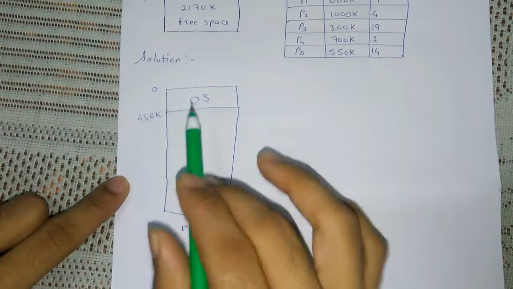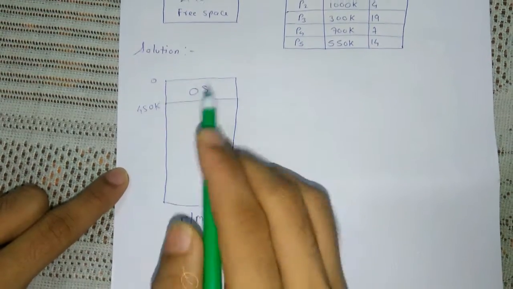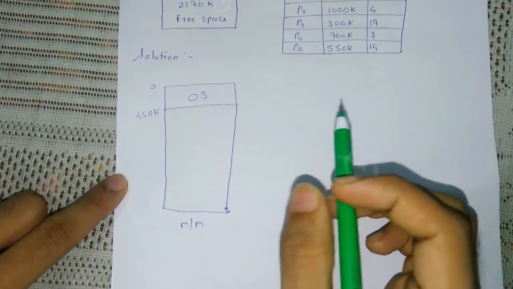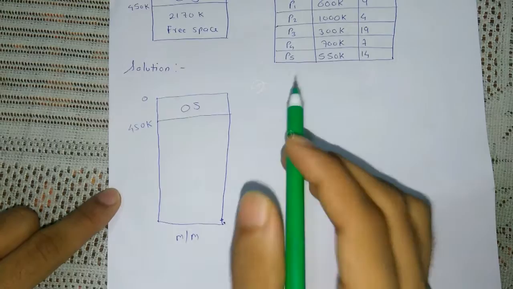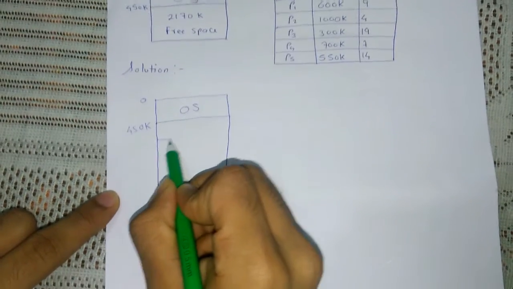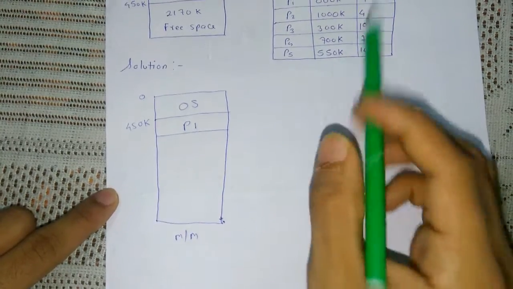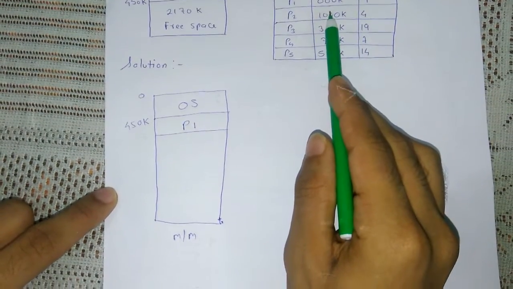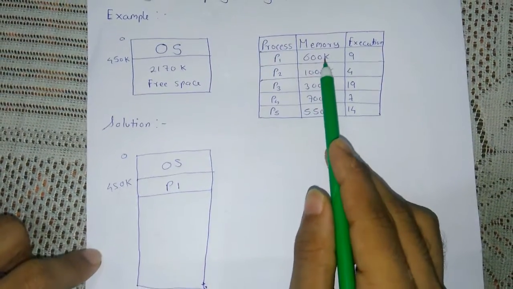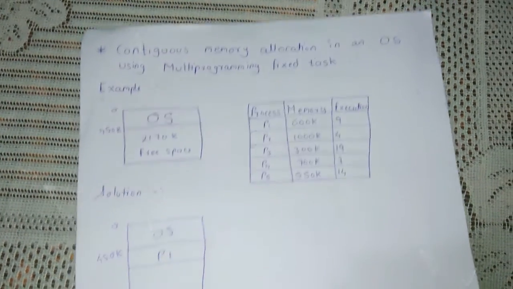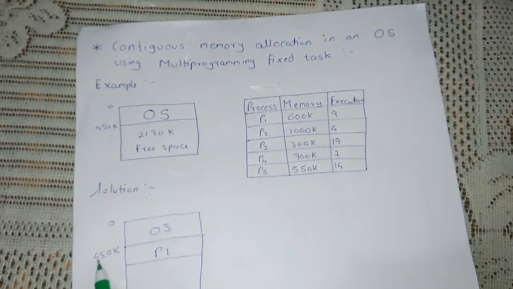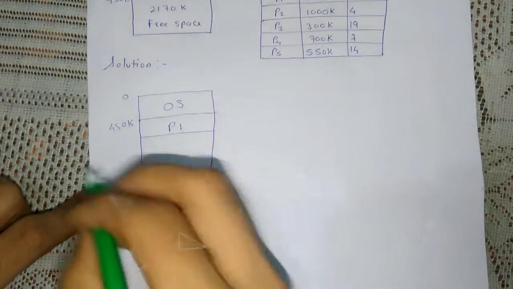Consider this 450 as used space and the remaining is 2170. From that 2170, process P1 enters the memory for execution. The memory required for P1 is 600 kilobytes. So 450 plus 600 kilobytes is 1050.